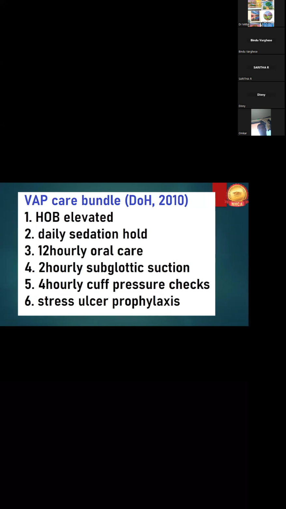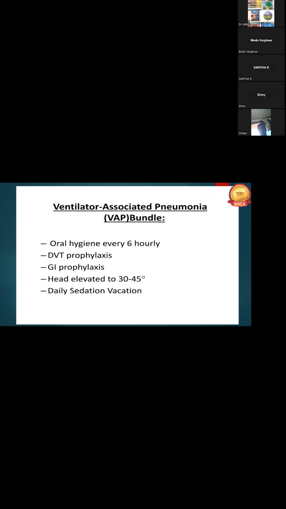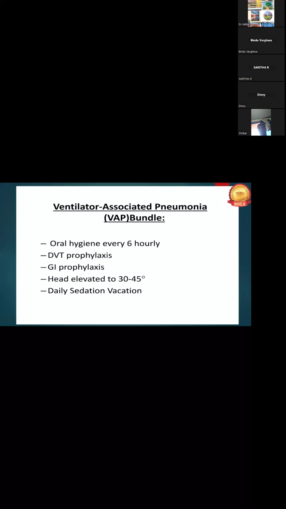So the VAP bundle includes all these things: oral hygiene every 4 hourly to 6 hourly, DVT prophylaxis, GI prophylaxis, head elevation 30 to 45 degrees, sedation vacation. Also, anything that deals with your pulmonary hygiene, lung hygiene. So your chest physiotherapy, your spirometry and deep breathing exercises, coughing exercises, suctioning, all these are there in your VAP bundle.